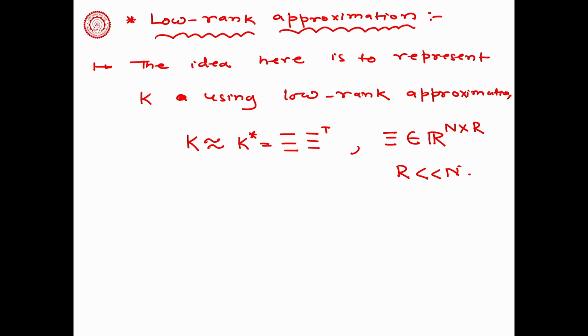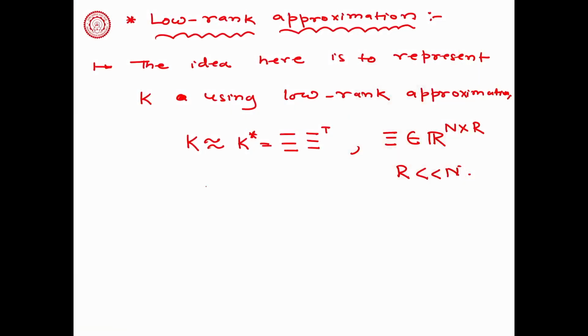I am not yet telling you how we can find this Xi, but let us say we can find it. How to find this Xi will form the different algorithms in low rank. So, K star is equal to Xi Xi transpose, where Xi belongs to n cross r space, a matrix dimension.